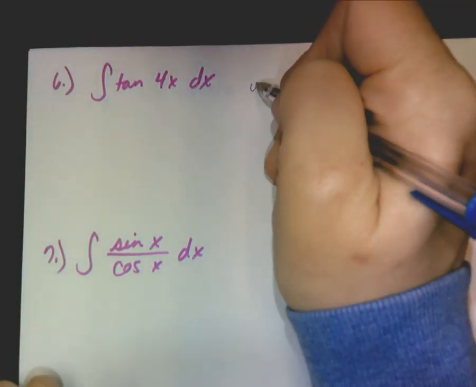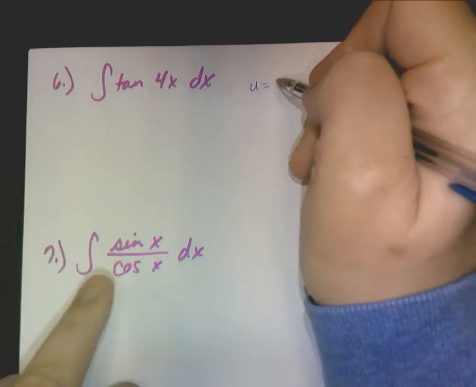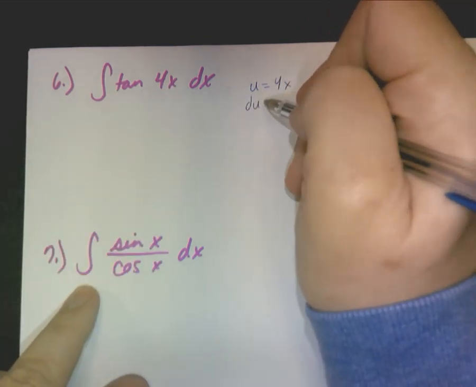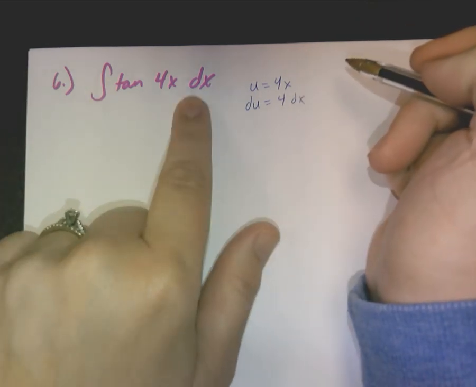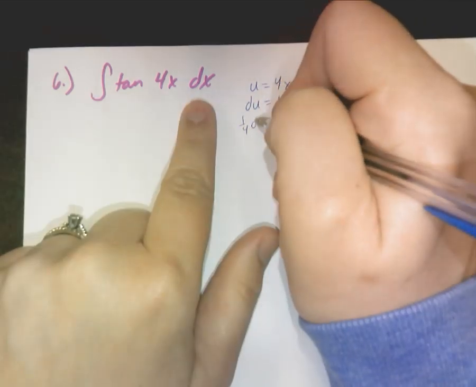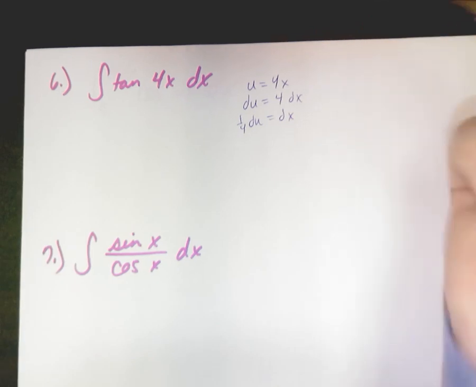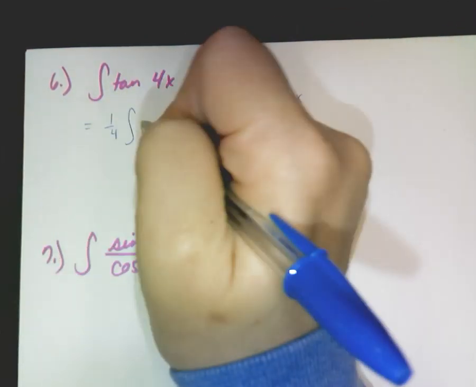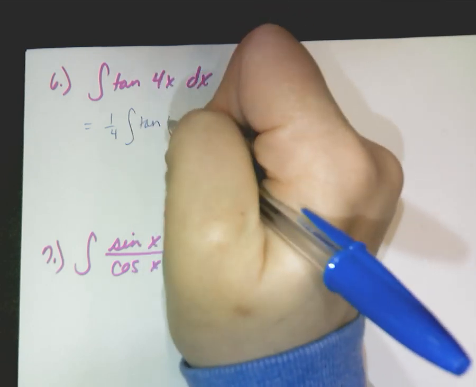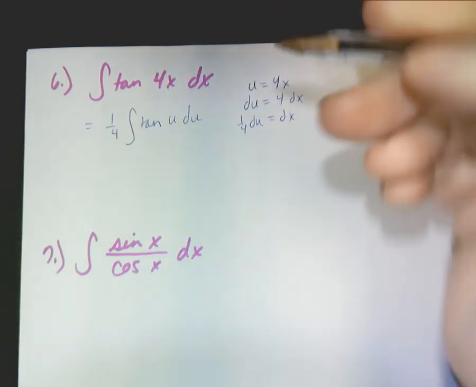So my u in this case would be what's next to the word tan. My du would be 4 dx. I don't have a 4, but I have a dx, so I'm going to divide it over. I'm going to rewrite this as, I'm just going to rewrite the 1/4 in front. Tan, this is my u, that is my du.